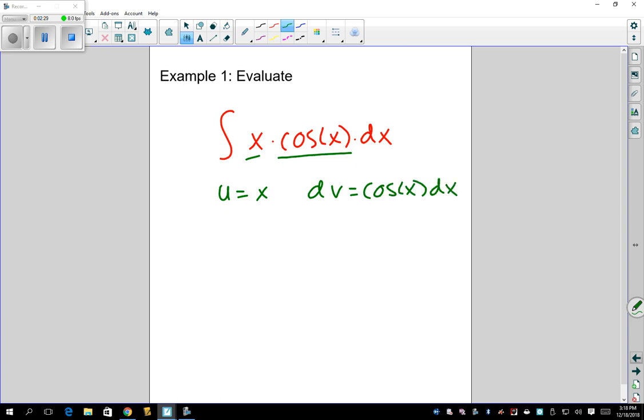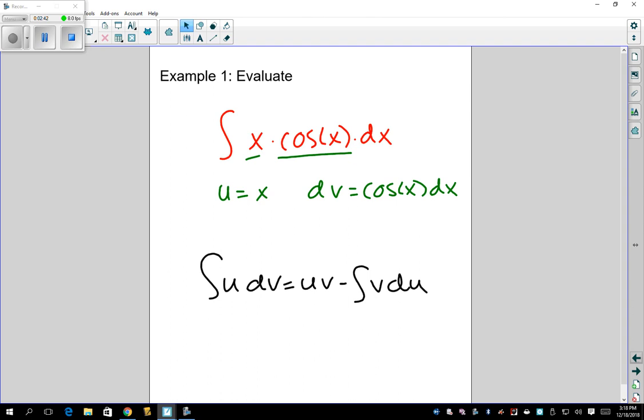And so in my original rule, the integral of u dv equals uv minus the integral of v du. All right. So my du is 1 dx. And my v, I have to integrate the cosine x, so the integral of cosine x is just sine x.